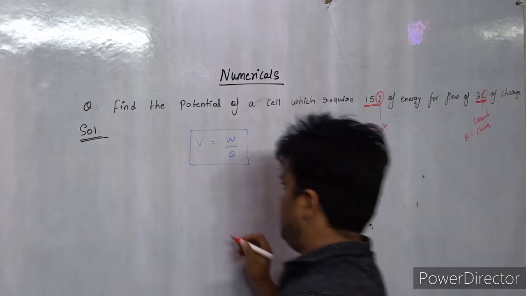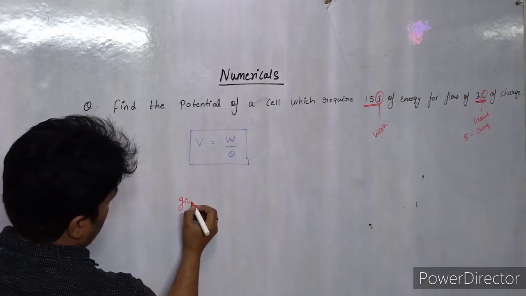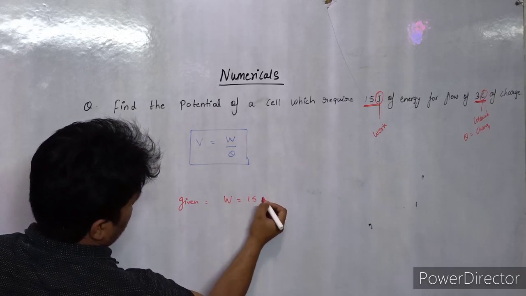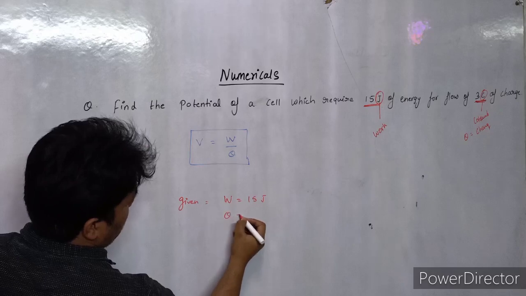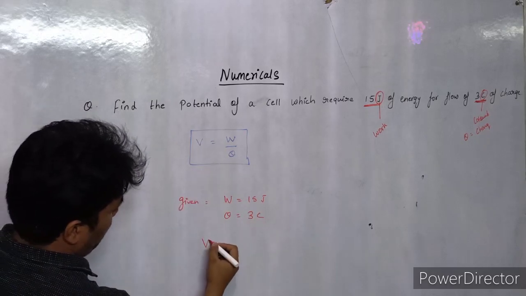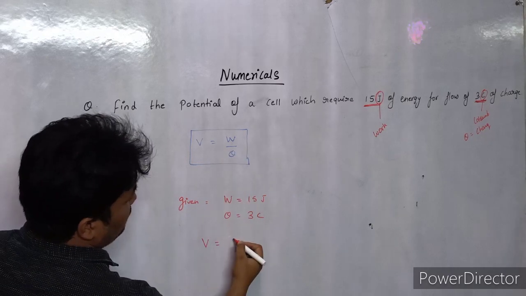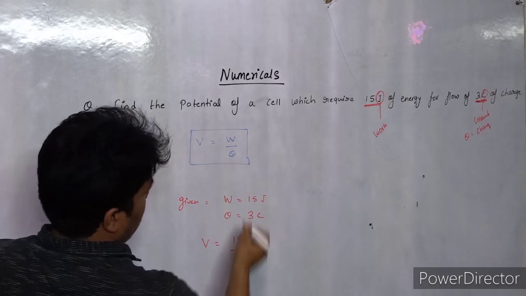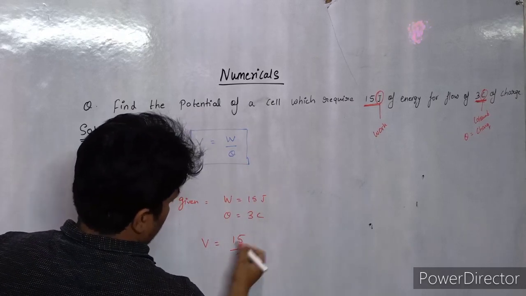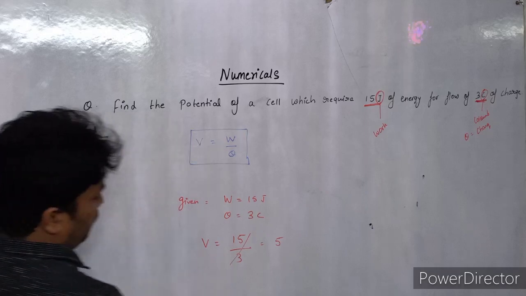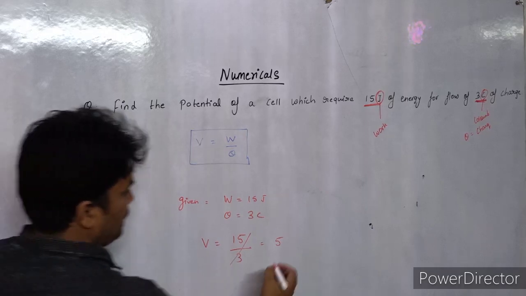So we have given values W equals 15 joule, and Q equals 3 coulomb. Simply the formula V equals W by Q: W is 15 and Q, the charge, is 3. When we cancel it, it becomes 5. What is the unit of V? That is volt.